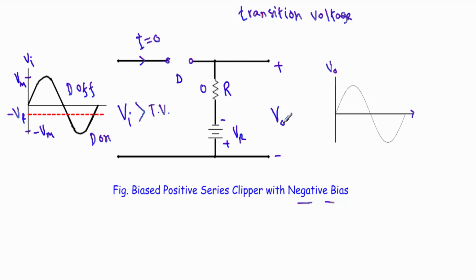Therefore our output voltage will be equal to minus VR, because here the positive terminal is connected here and the negative terminal is connected here, and we are considering the positive terminal of the output at this terminal and the negative terminal of the output at this terminal. So our output voltage will be equal to minus VR from this point to this point, which I can show like this.